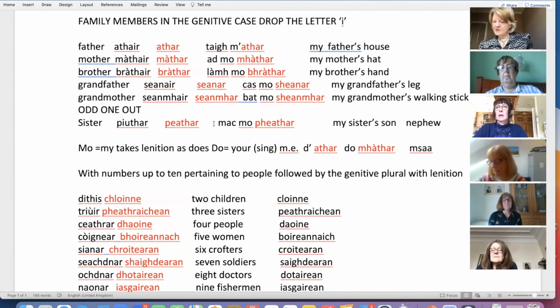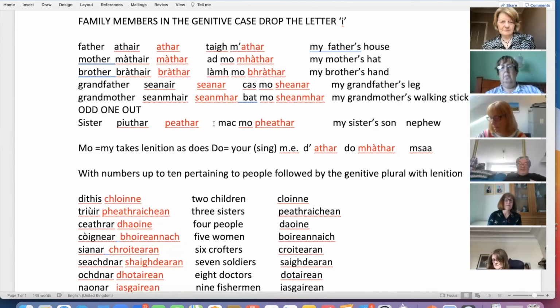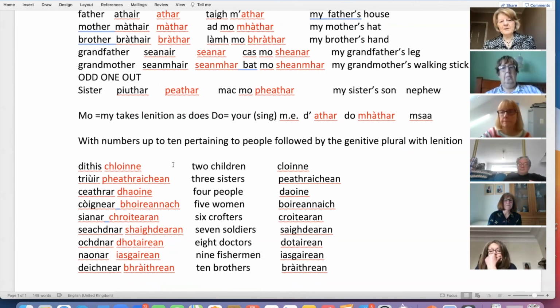My mother's jumper: geansaidh mo mhàthar.